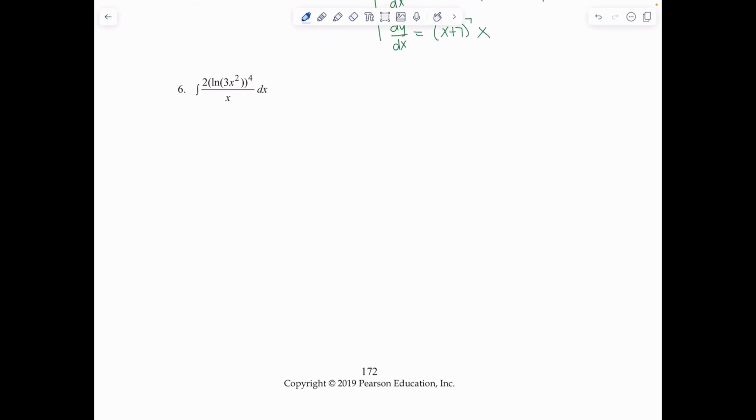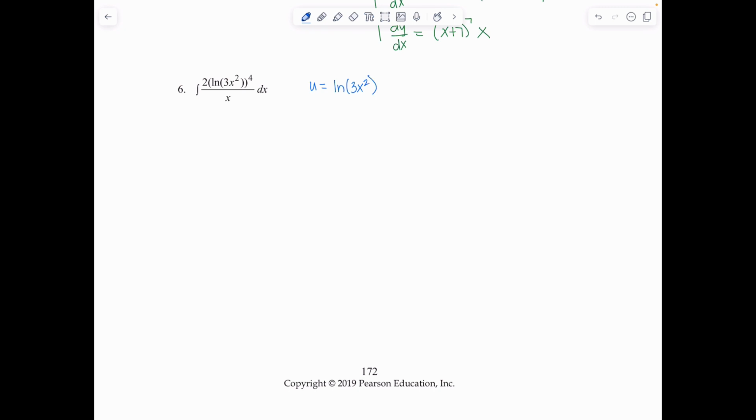Okay, integral of 2 times the natural log of 3x squared, all raised to the 4th, over x. So, let's see, the most inside function is going to be the natural log of 3x squared. Let's make u the natural log of 3x squared.